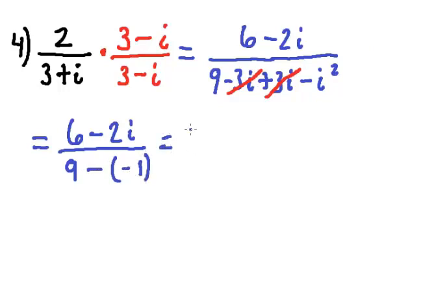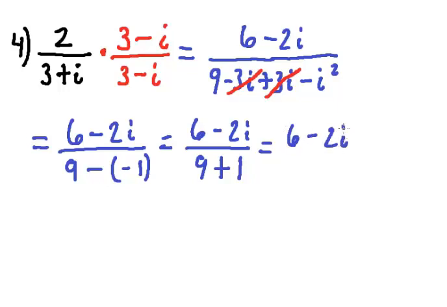If we continue, we will get 6 minus 2i divided by 9 minus minus 1. A double minus is a plus, so we have 9 plus 1. That means we are going to get 6 minus 2i divided by 10.